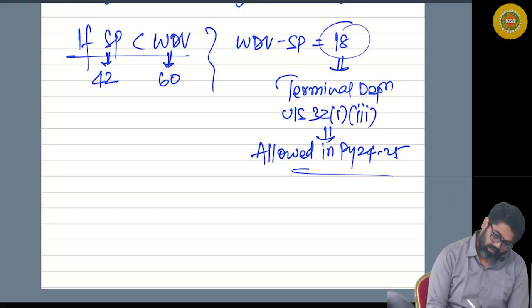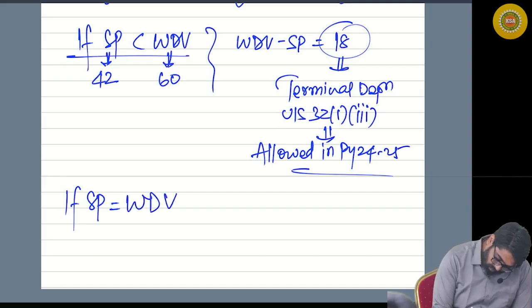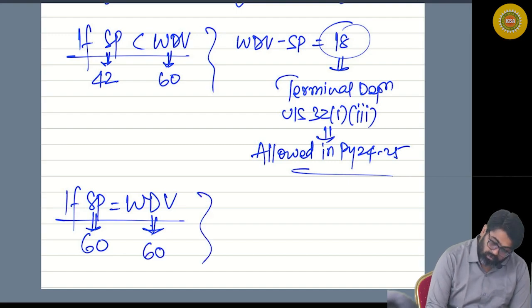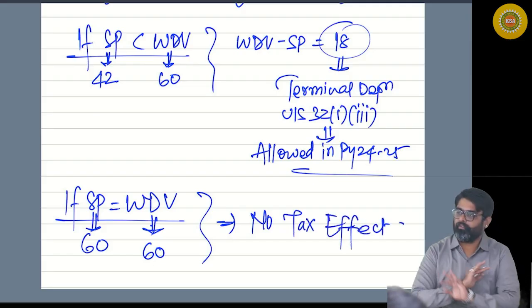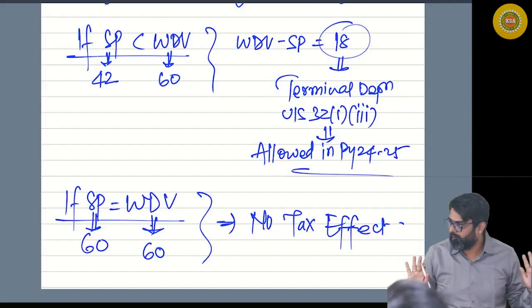Getting my point? Next one. If selling price is equal to WDV, possible? Selling price is 60, WDV is also 60. What will you do? No tax effect to be given because everything is adjusted.